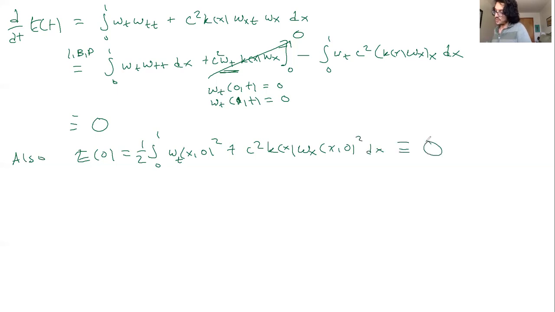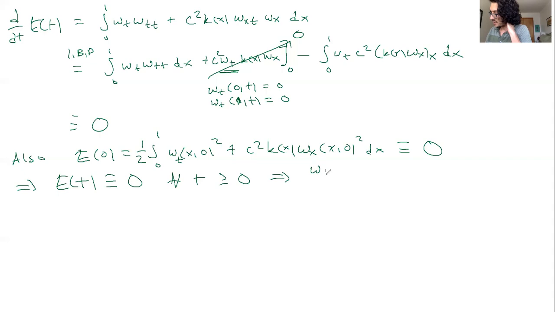This whole thing's also equal to 0. Okay, so this implies that E of t is equivalent to 0 for any t greater than or equal to 0.